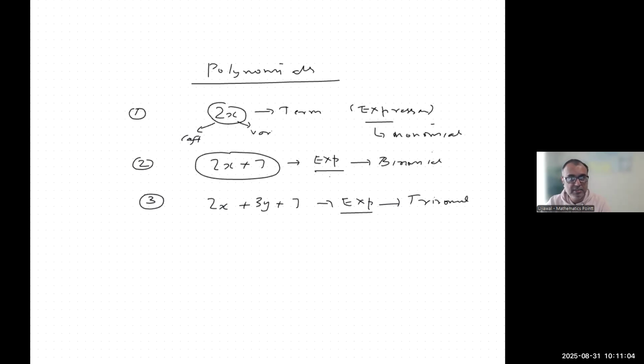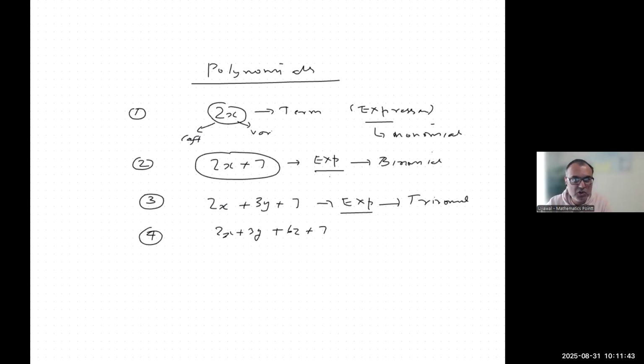Can you tell me, I see a few students know here, what is the expression with four terms called? Anyone knows that? Quadrinomial. Keep writing, Darsh, keep writing, right? Quadrinomial. So if you've got four terms, so if I say 2x plus 3y plus 6z plus 7, this is quadrinomial.